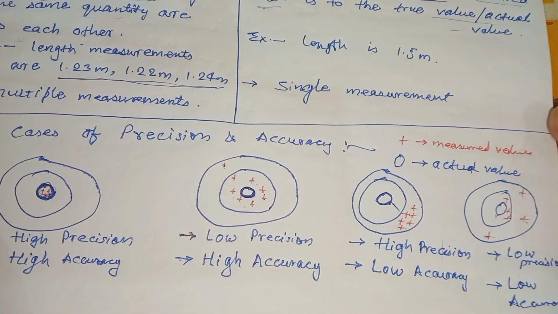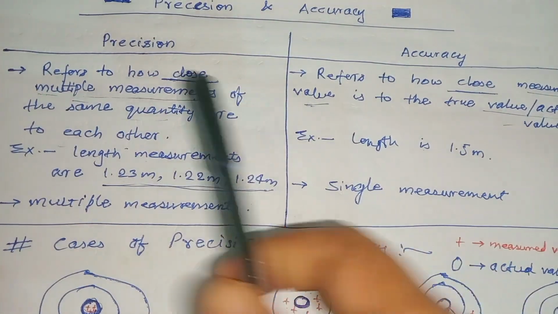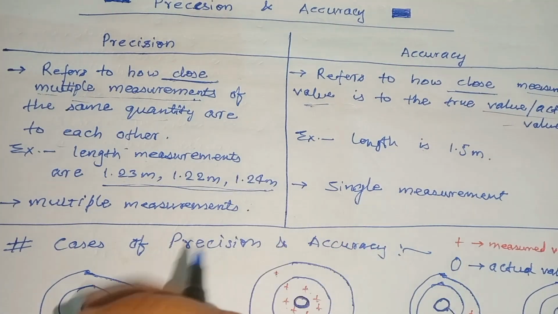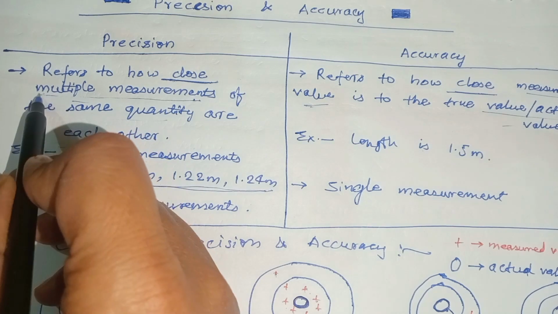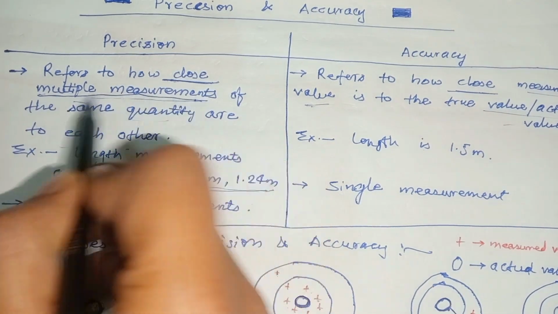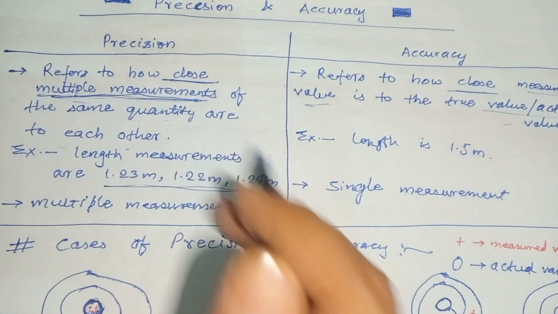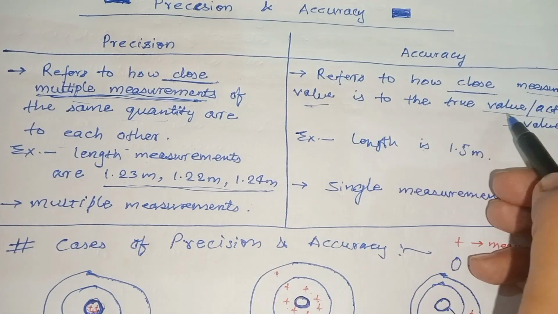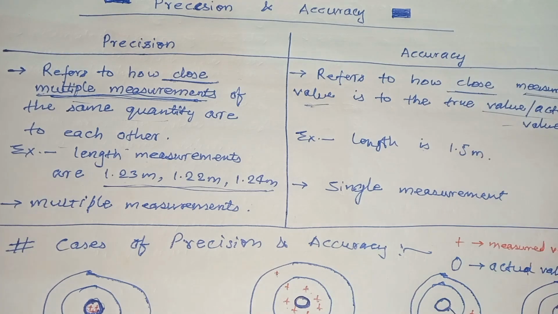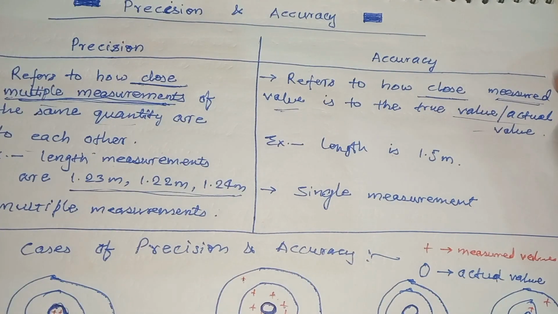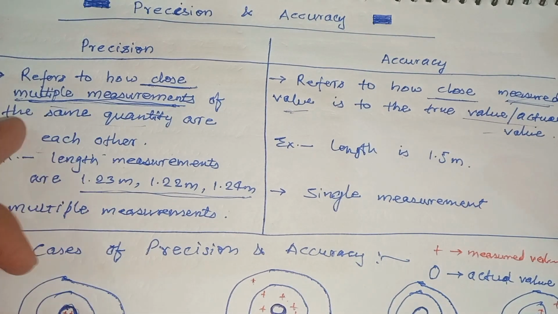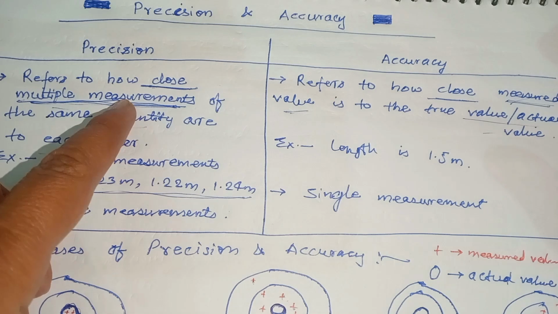Thus here we concluded that both precision and accuracy are degrees of closeness, but the references are different. Accuracy is closeness between the measured value and the actual value, and precision is closeness among multiple measurements.